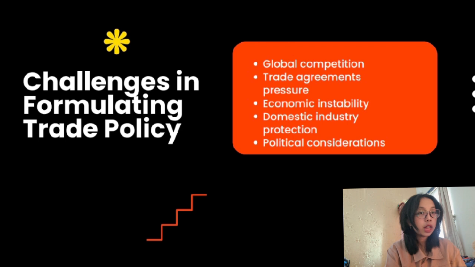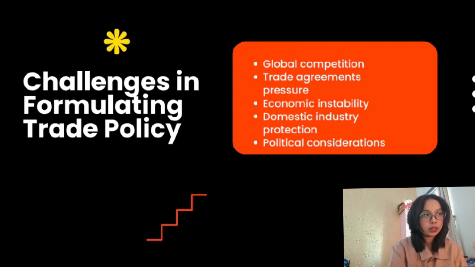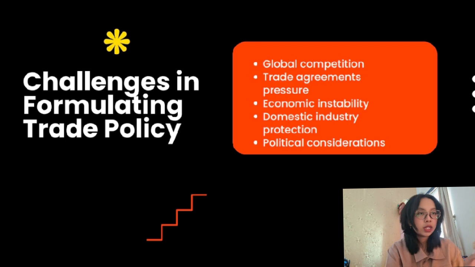Next is challenges in formulating trade policy. Formulating effective trade policy is challenging. Governments must deal with increasing global competition and pressure from international trade agreements. Economic instability, inflation, and exchange rate fluctuations also affect policy decisions.